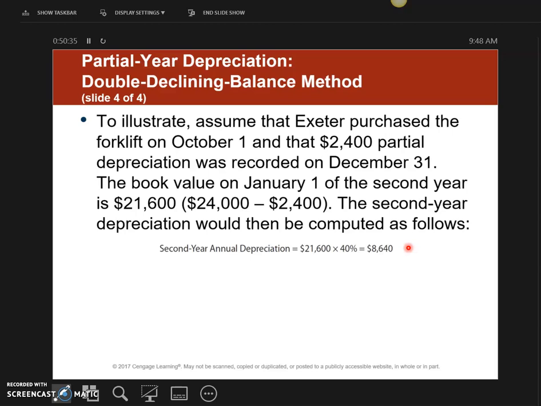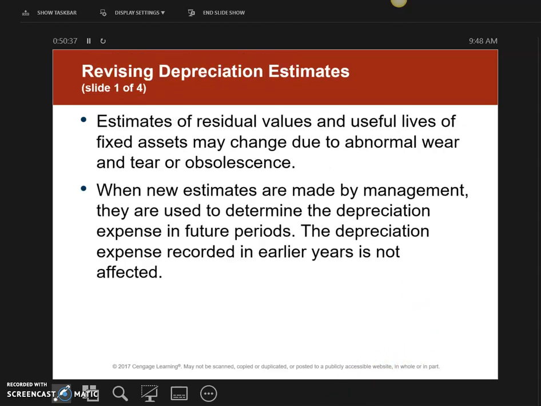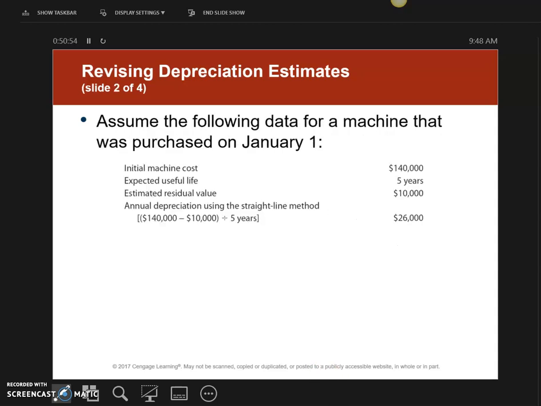Sometimes I actually have to revise the depreciation before I'm fully depreciated, for whatever reason. But the only 2 things that can actually change are the useful life, which can be longer or shorter, and the residual value. So we're going to talk about how to revise it. Let me explain. Initially, we bought a piece of equipment for $140,000.